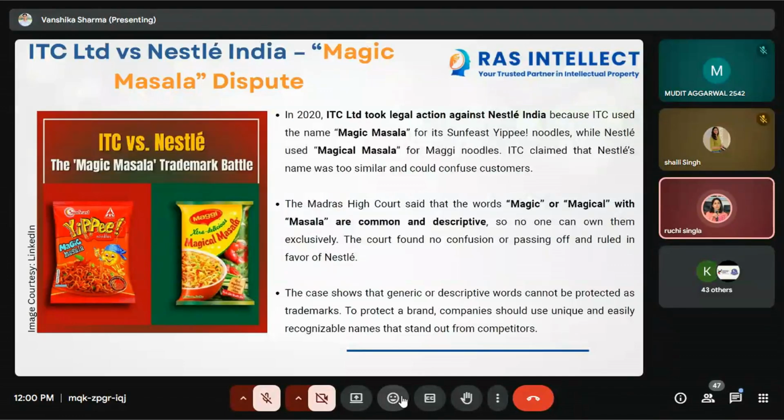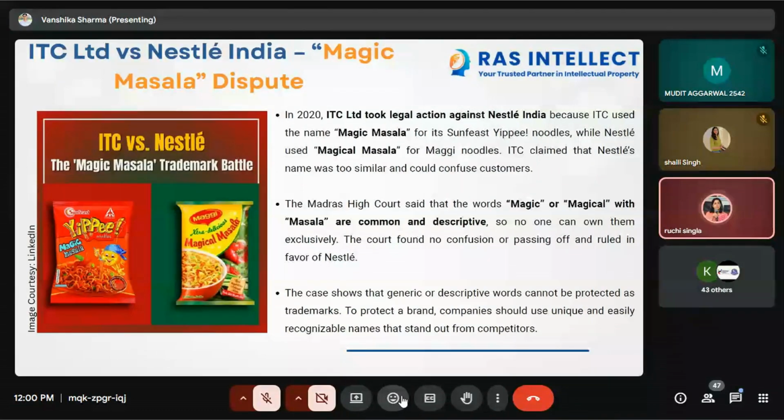So these are two varieties of noodles. Yippee uses Magic Masala as the advertising phrase, and Magical Masala is used by Maggi.